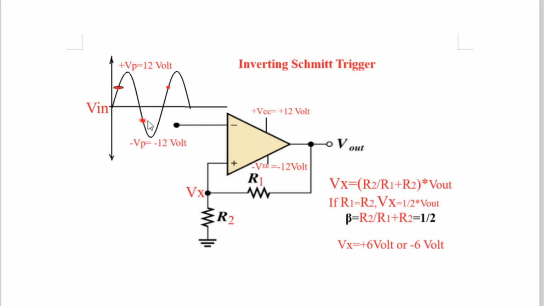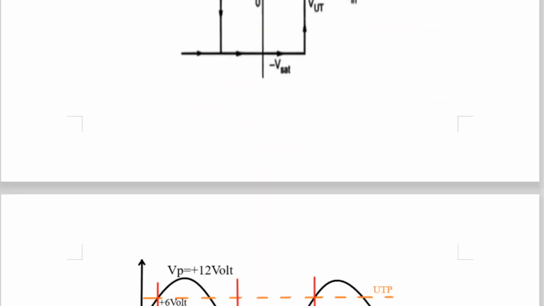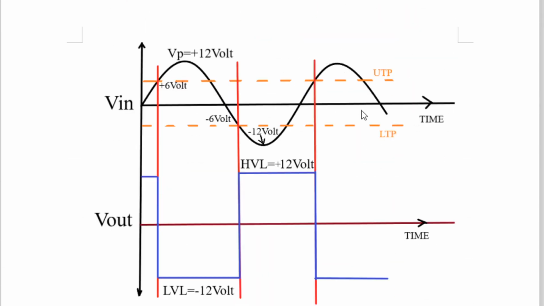So this is the crossing point, and that is called LTP, lower trigger point. UTP, upper trigger point. LTP, lower trigger point is here.